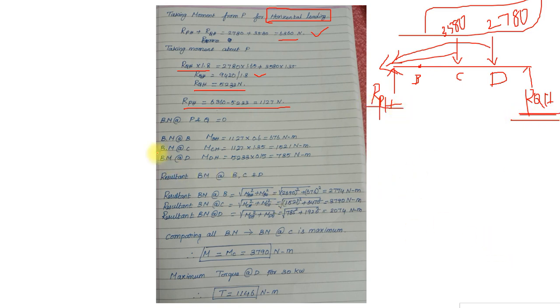Once I complete this, I have to find the bending moment at all the points. Obviously we know that the bending moment at P and Q will be 0, since there is no distance. But we have to find the bending moment at B, C and D. To find that, I use 1127 into 0.6 for the bending moment at B, where 1127 is the reaction at P. Then for the bending moment at C, 1127 into 1.35.